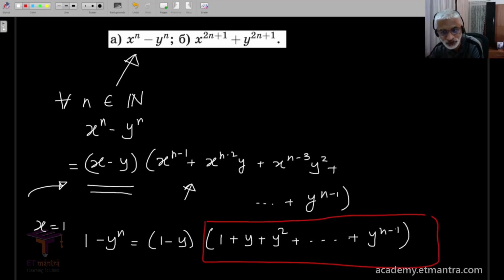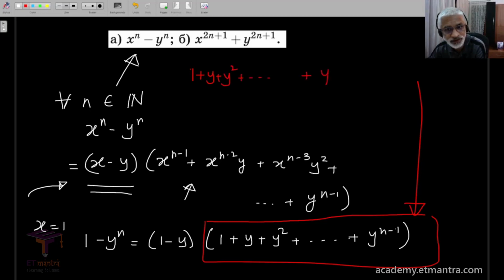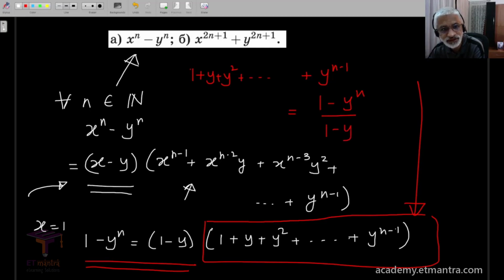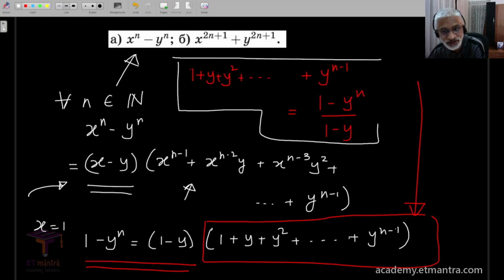And here we have a proof of the famous formula that the geometric progression sum, that is 1 plus y plus y square all the way up to y raised to n minus 1, which has got n terms, is nothing but 1 minus y raised to n divided by 1 minus y, which is a very famous formula for the geometric progression. So this factorization immediately gives us a formula for the geometric progression. So as you can see, these elementary factorizations have quite a lot of useful inputs.